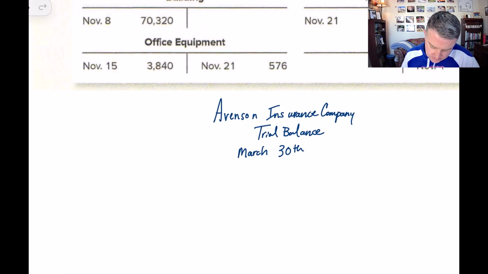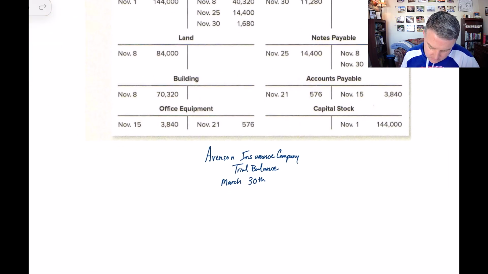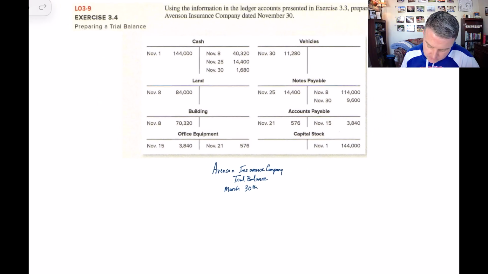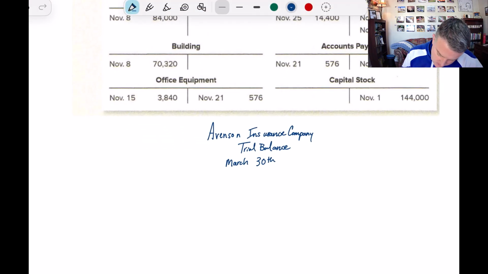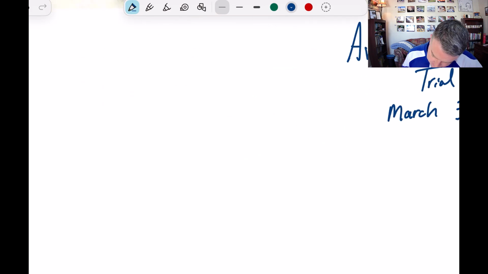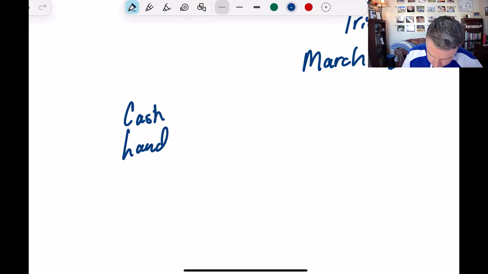So first one is cash. Cash, land, building, vehicles, office equipment. We're going to list the assets first here. So we're going to say cash, land, vehicles, buildings.